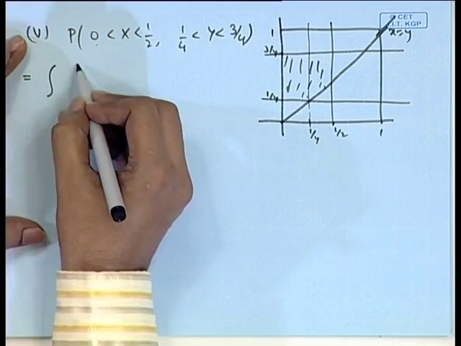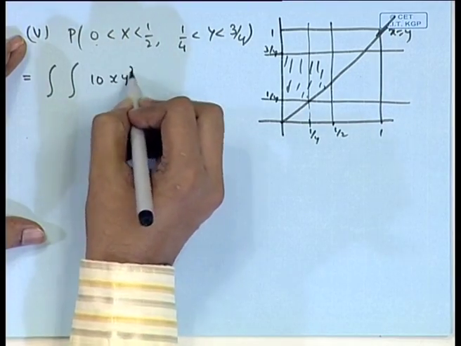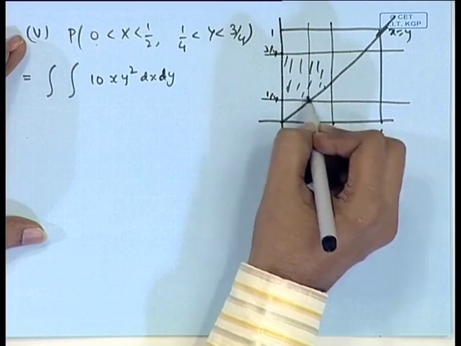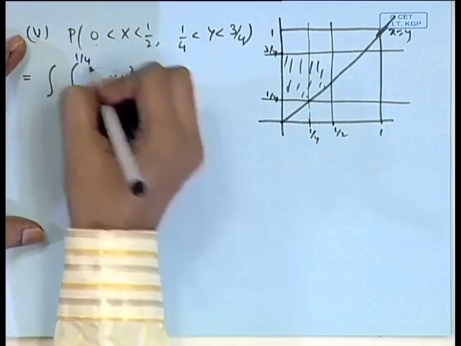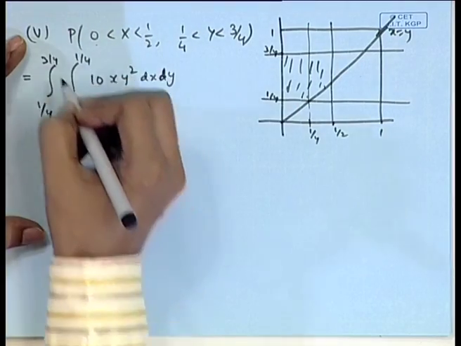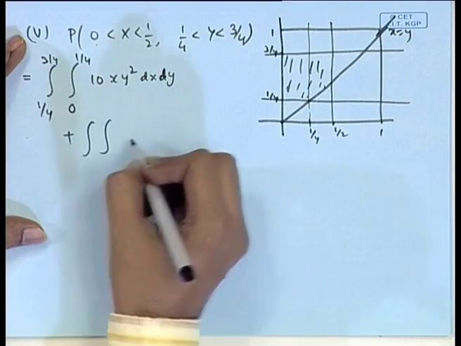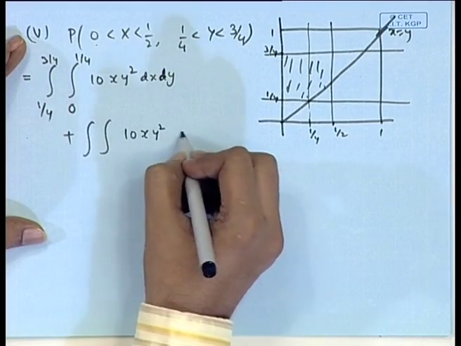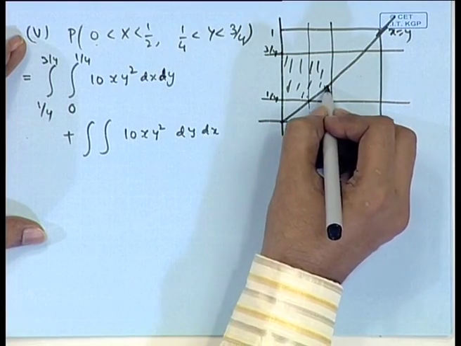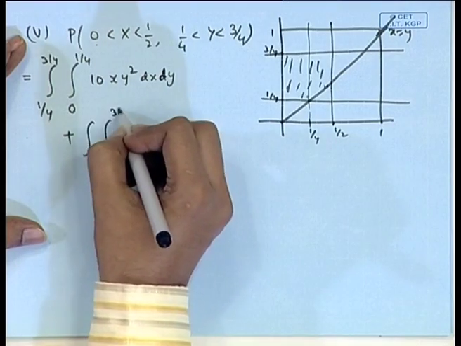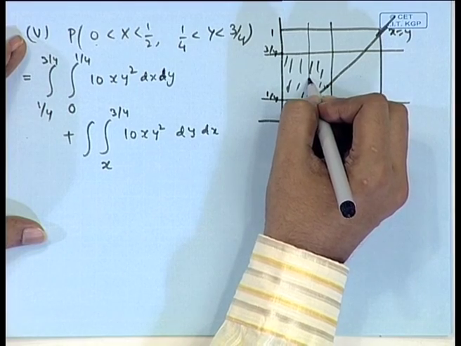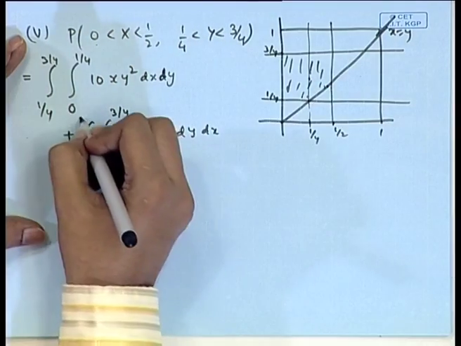So, if we integrate the density 10 x y square dx dy, then in this region x is from 0 to 1 by 4 and y is from 1 by 4 to 3 by 4, plus in this portion we may consider it with respect to y first. y is from x to 3 by 4 and x is from 1 by 4 to half.